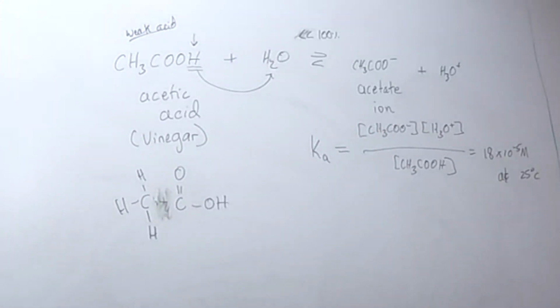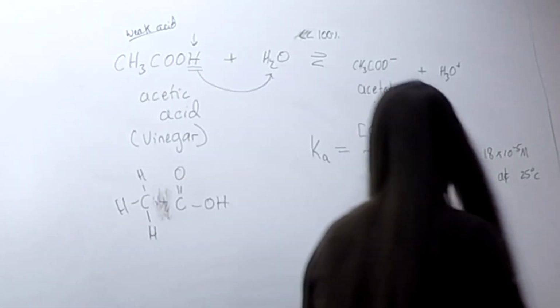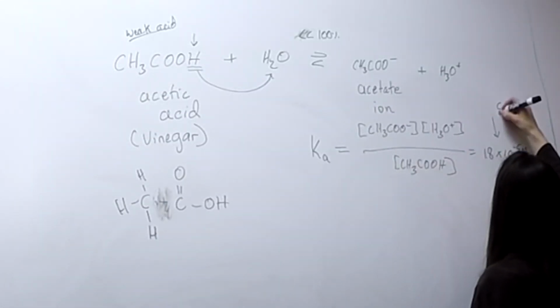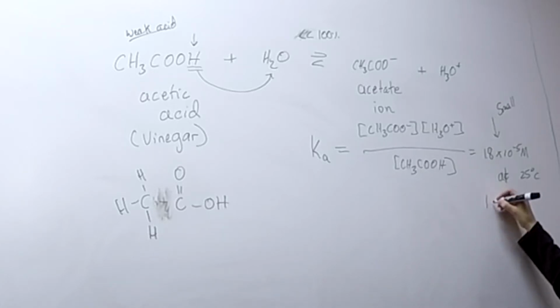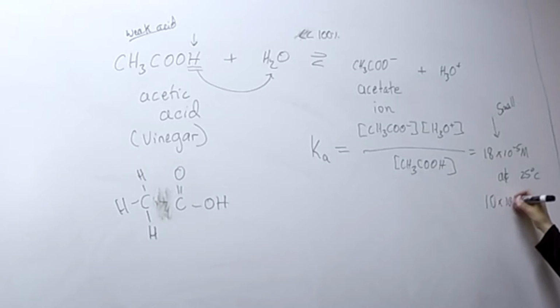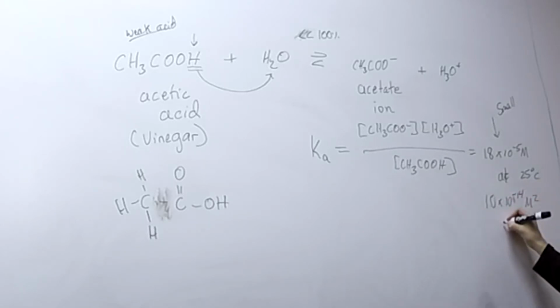Okay, so a couple of things to think about with this Ka value here. One, it's small, 10 to the minus 5th, that's a pretty small number. But it's not as small as the Kw for water.